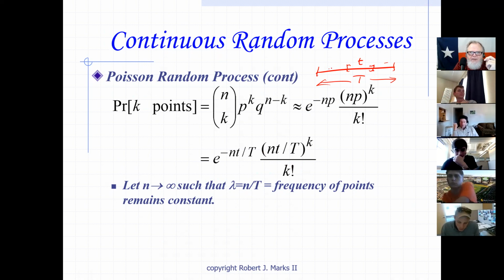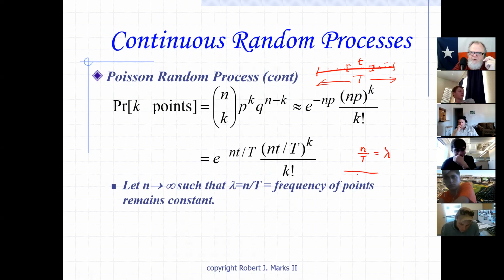In other words, we're going to place an infinite number of points on here. But we're going to let n go to infinity, and also let T increase so that the ratio of the number of points to T stays the same. And we're going to call this lambda.